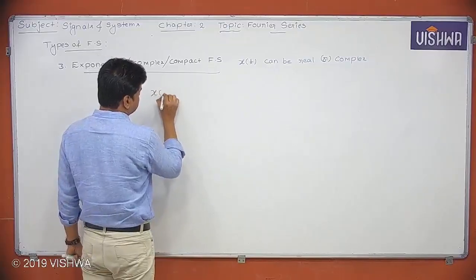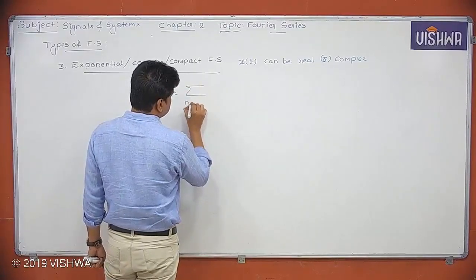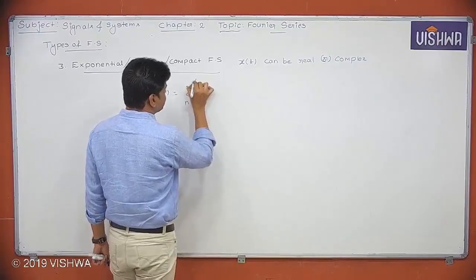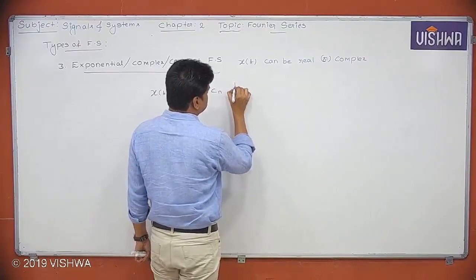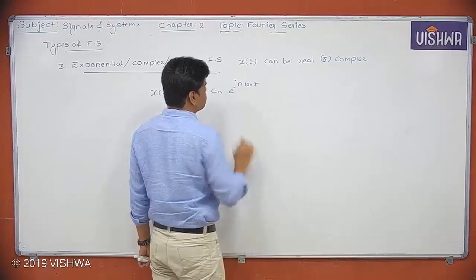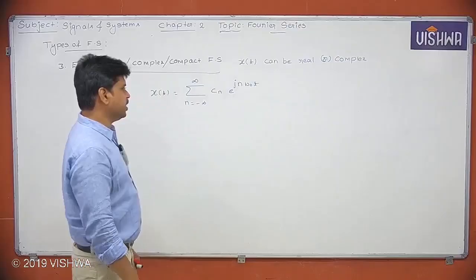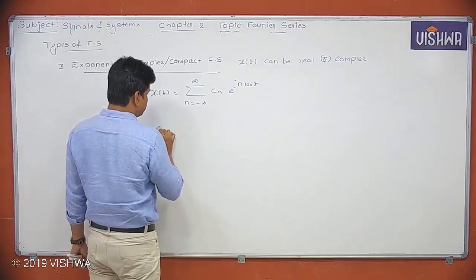x of t is equal to summation n is equal to minus infinity to infinity Cn e power j n omega naught t. What is Cn here?